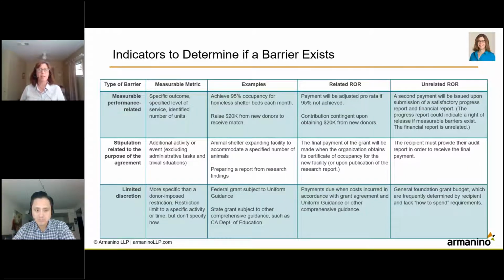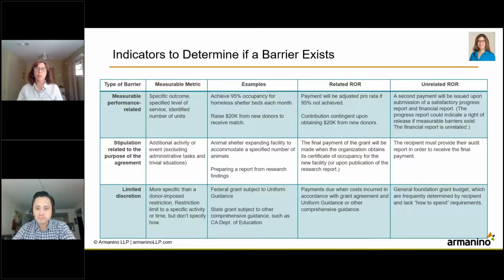It's defined as an additional activity or event exclusive of administrative tasks. So some examples would be a donor gives an animal shelter funds to expand the facility. It's specifically to expand the facility, and the expansion must accommodate a specified number of animals. That would be a stipulation related to the purpose of the agreement.